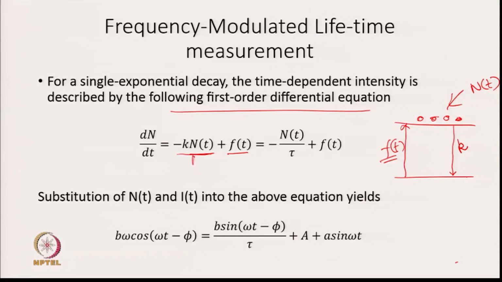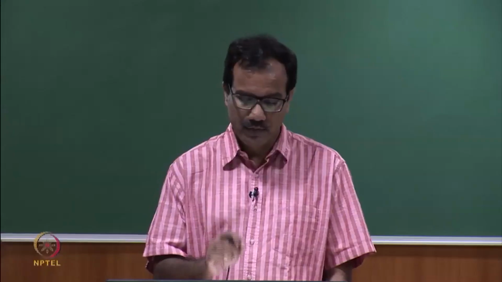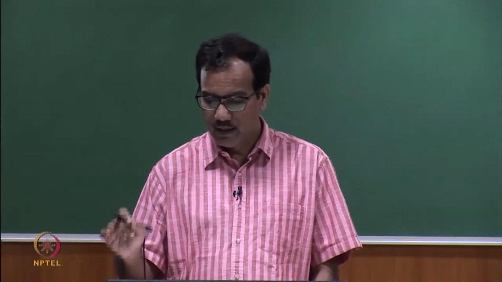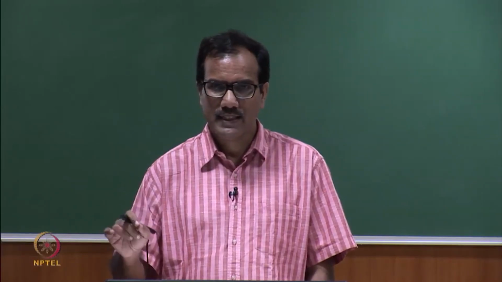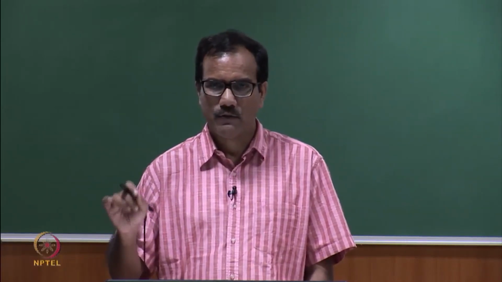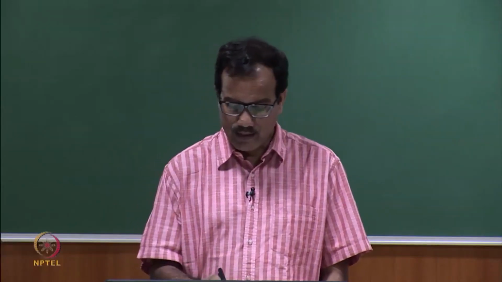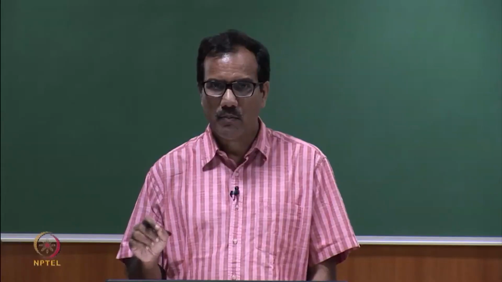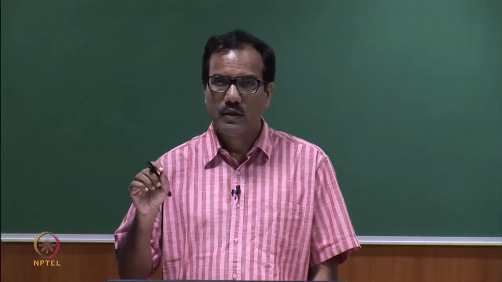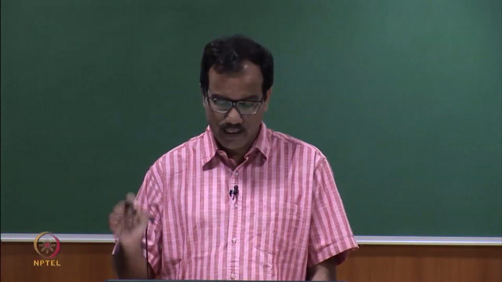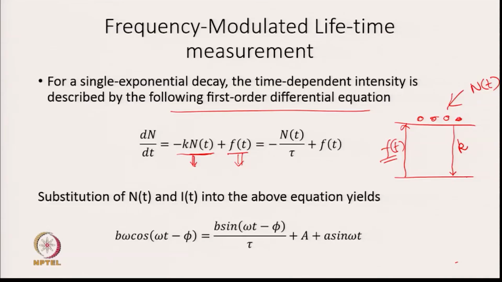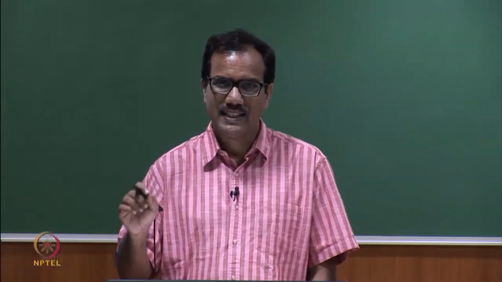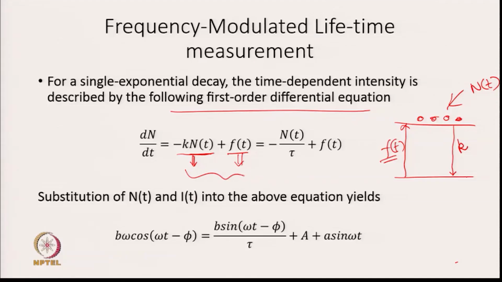Again, this term tells you the increase in the number of fluorophore in the excited state due to excitation, and this is your decrease in the number of fluorophore in the excited state due to emission. So, there are two terms.